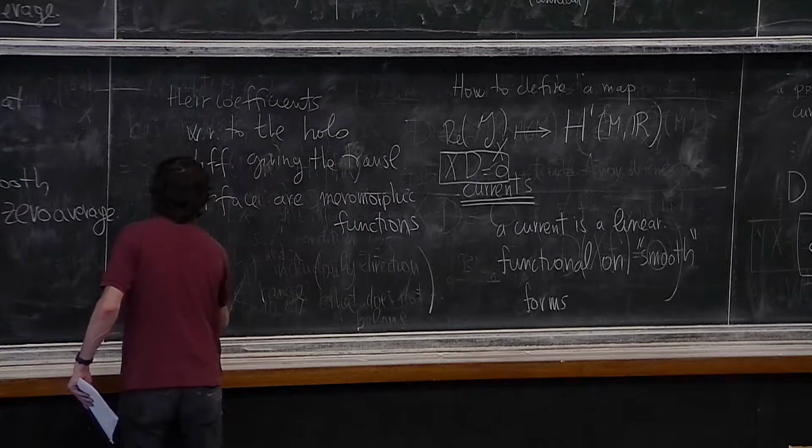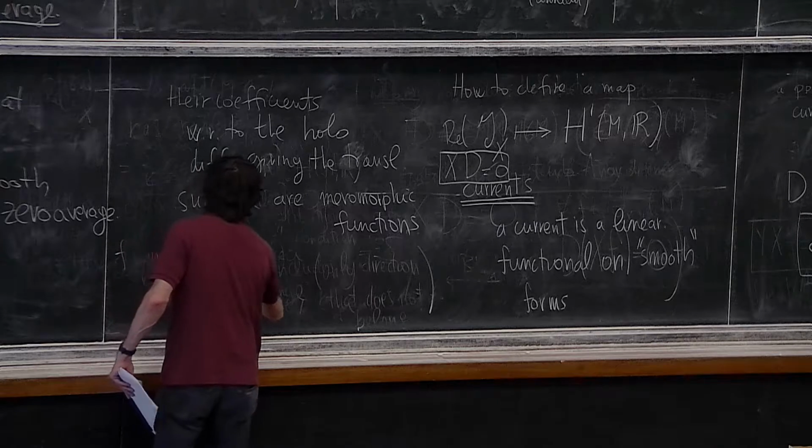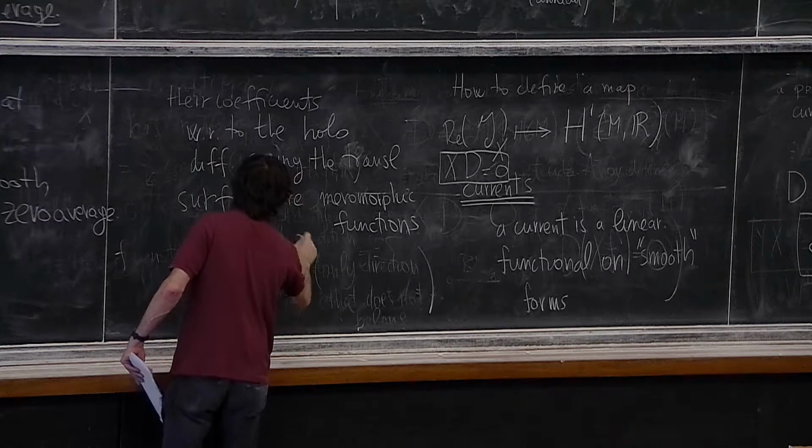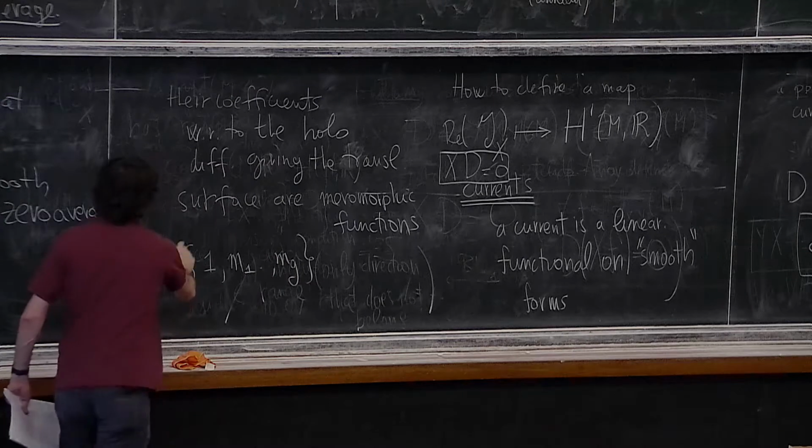So there is a space which looks like generated by, say, 1, m_1, ..., m_g. Span of this.